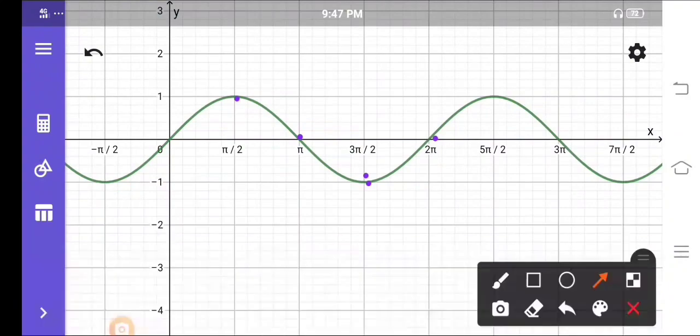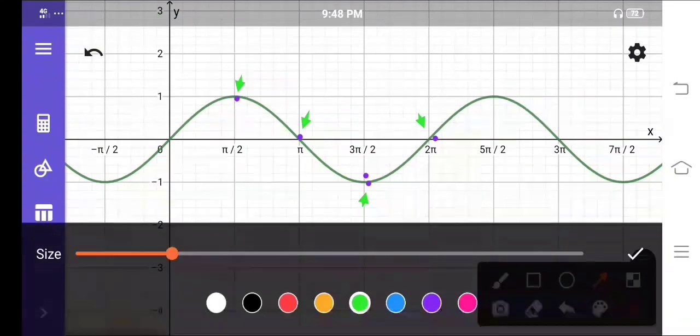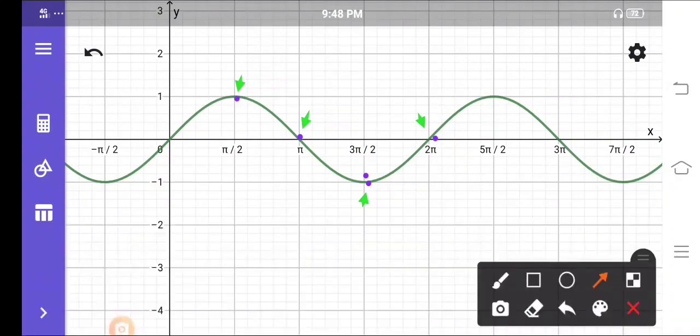Again, the key points are pi over 2 and 1, pi and 0, 3 pi over 2 and negative 1, and 2 pi and 0. The intercepts, or the zeros, are pi and 2 pi, or multiples of pi, or n pi.